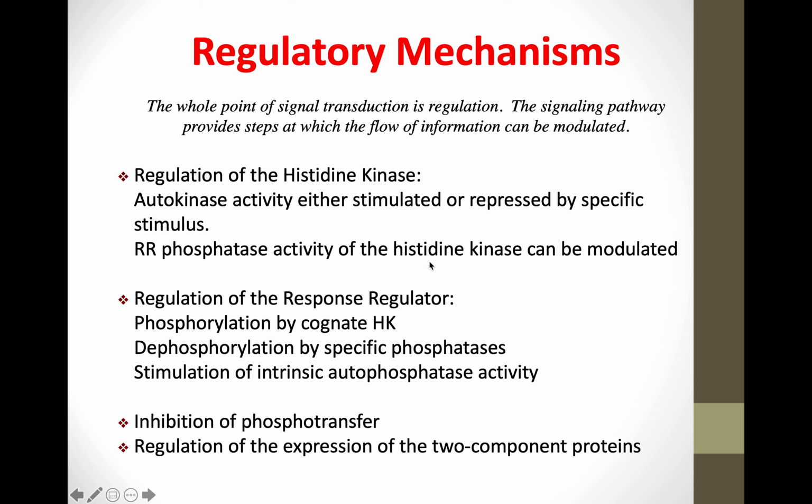For the response regulator, it is usually the phosphorylation by the cognate histidine kinase and dephosphorylation by specific phosphatases, and it depends on what kind of signal it will produce, followed by stimulation of intrinsic autophosphatase activity. Apart from these two, there is an inhibition of the phosphotransfer and also regulation of the expression of the two-component proteins, the ones that will be the final product from the reaction.